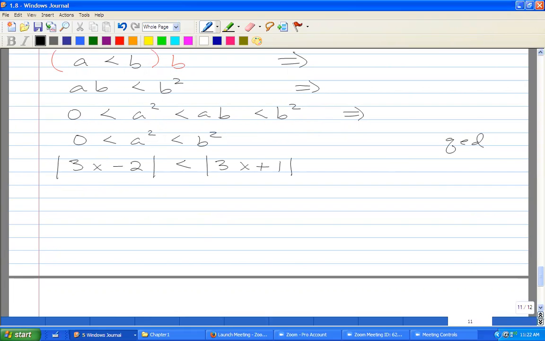So this is the same as 3x minus 2 squared is less than 3x plus 1 quantity squared.